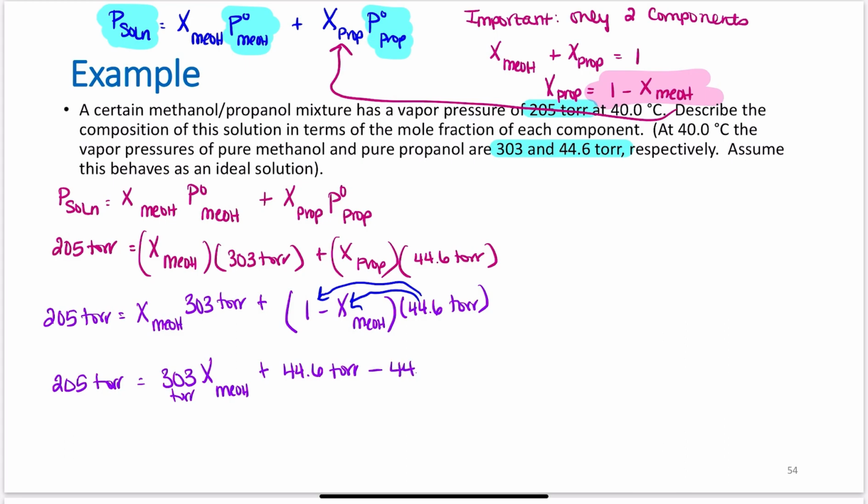Minus 44.6 torr times the mole fraction of methanol. Get your numbers on one side, your variables on the other. So I'm going to say 205 torr minus 44.6 torr equals 303x minus 44.6x.